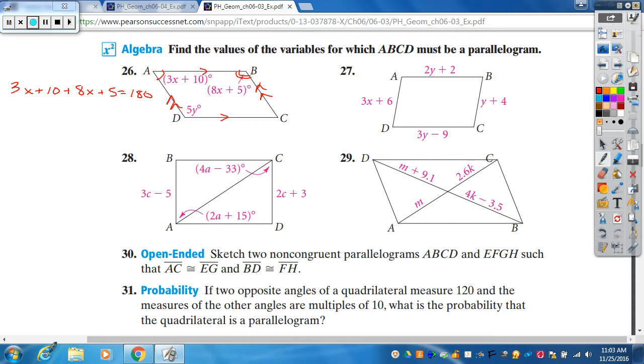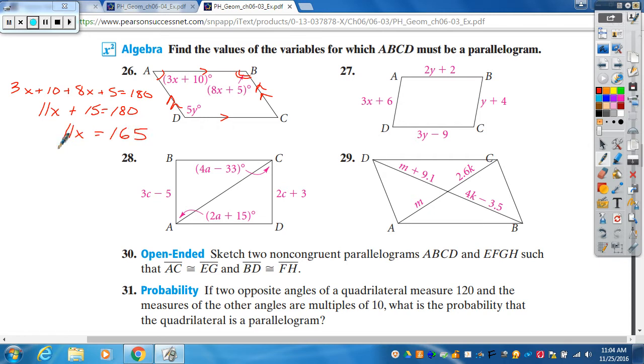Now I am going to go ahead and solve for x in this one because I think it's important that we see everything that's going on here. So if I do that, 3 and 8 gives us 11, so 11x. 10 plus 5 is 15. I just simplified what I had there. I'm going to subtract 15 from both sides, so I get 165.